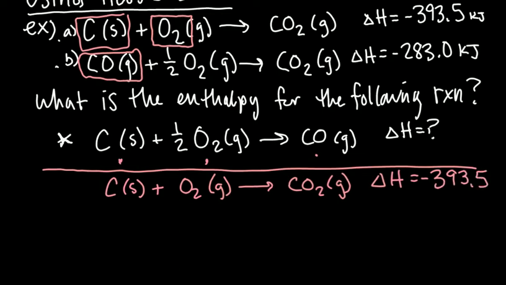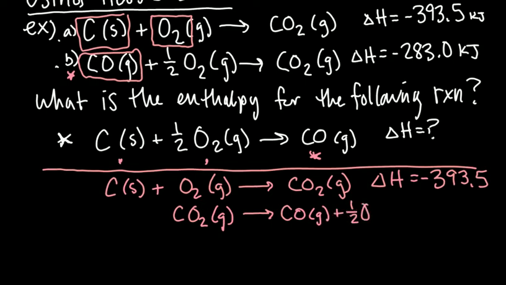However, equation B needs to be flipped around because right here our carbon monoxide is on the product side, and right here it's on the reactant side. So we're going to flip the equation. We get CO2 gas giving us carbon monoxide gas plus 1/2 O2 gas.